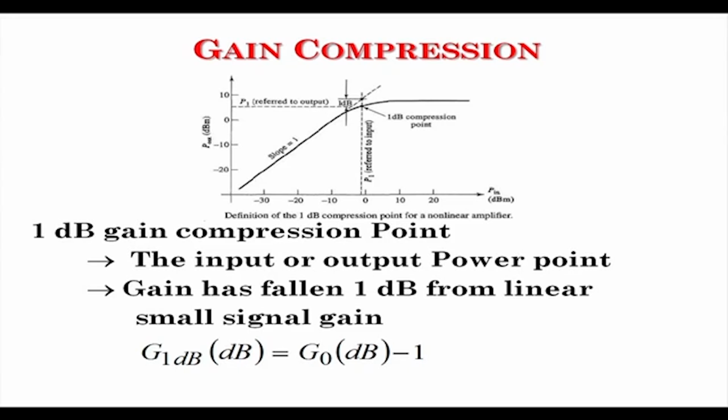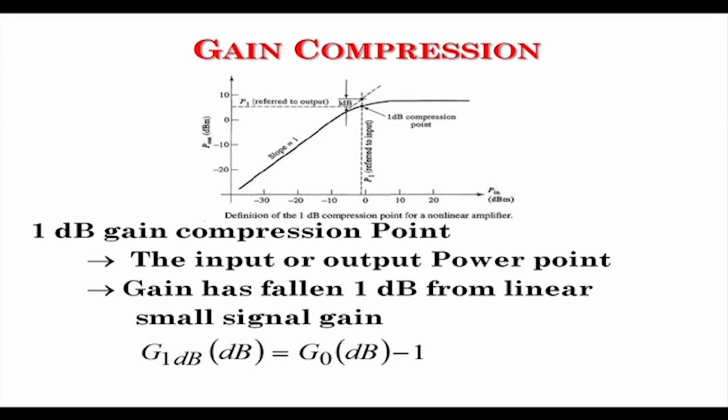So, we need to define a range of input or output power levels where the amplifier will behave linearly. We say that this is the onset of nonlinearity. So, the range from this 1 dB gain compression point to the minimum usable level is called the dynamic range of any amplifier or any two port network.